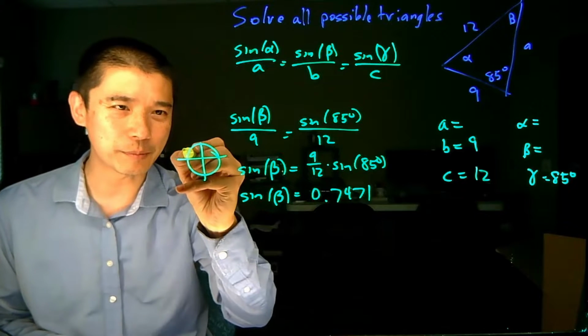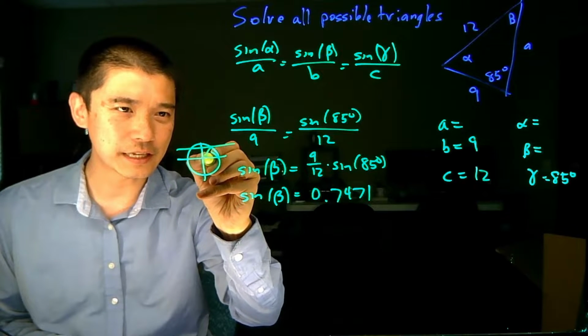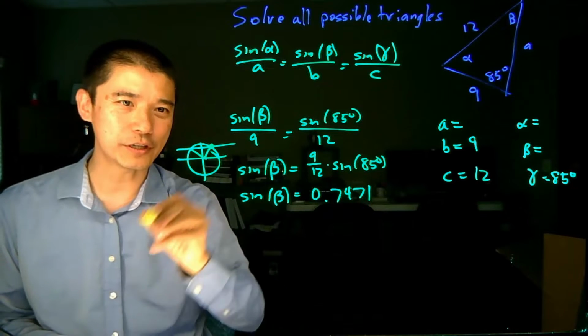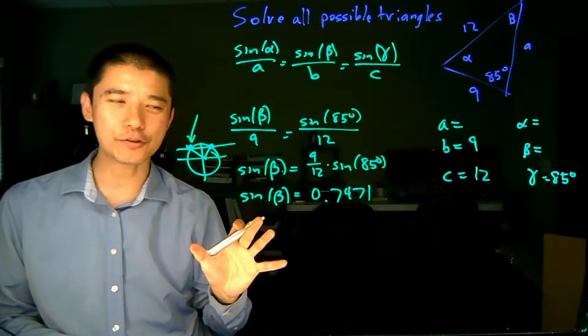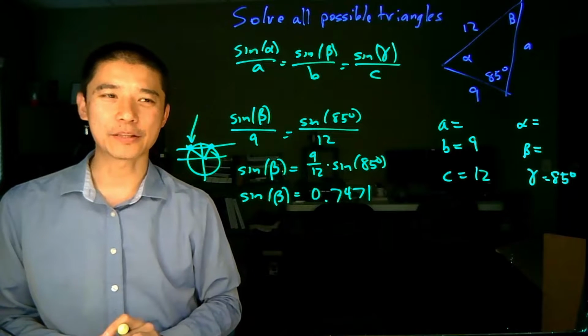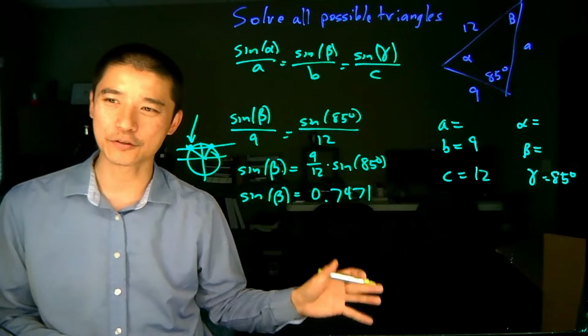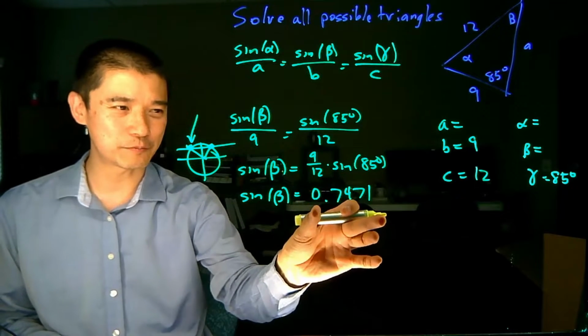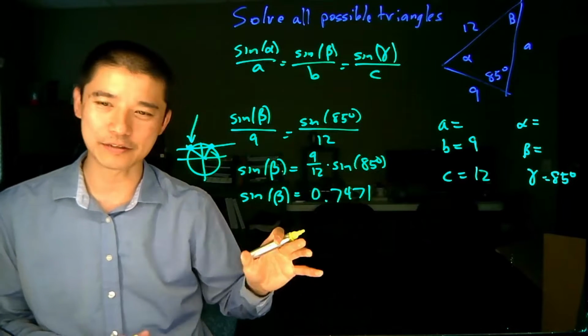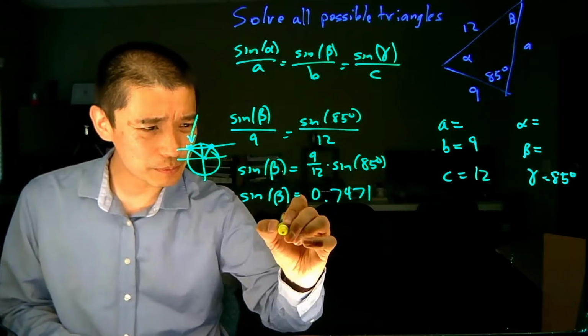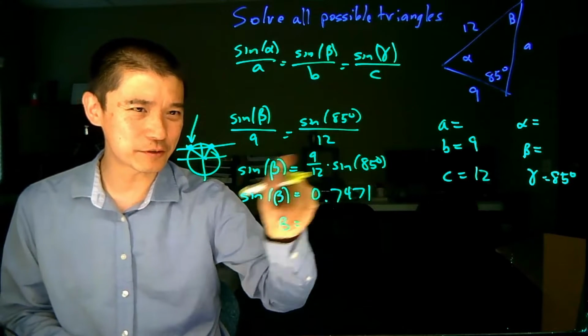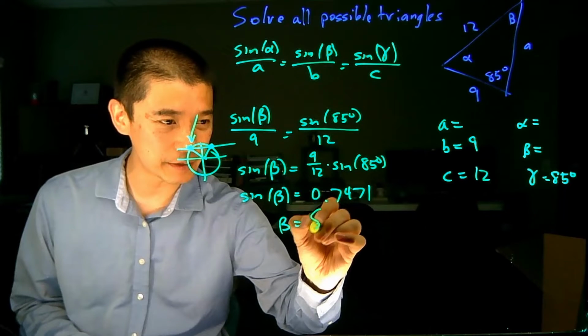We want the y-coordinate to be positive, and we can see that there are two solutions, a solution in quadrant 1 and a solution in quadrant 2. It's that solution in quadrant 2 that tells us a lot about this problem. It tells us whether we have two solutions or one solution. If this value were bigger than 1, then we would have no solution. So when we plug this into a calculator and calculate the inverse sine, we're going to get the angle 48.3 degrees.